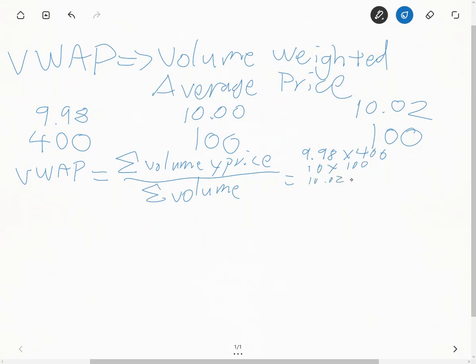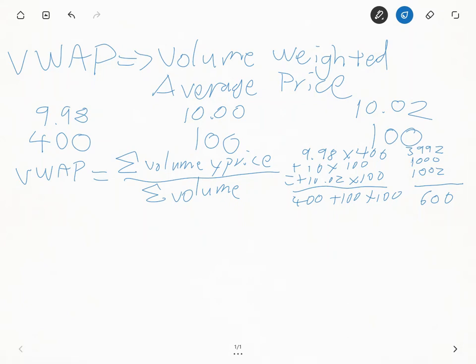you would end up with this formula, which would get you 600. This would be, bear with me a moment, 3,992, I think. This would be 1,000. It's pretty straightforward. This would be 1,002. So you would actually end up with 5,994.